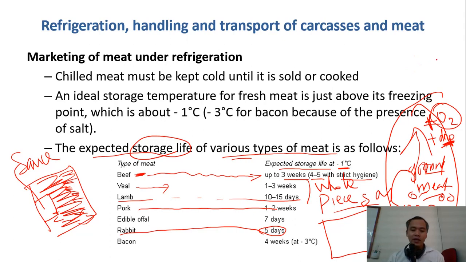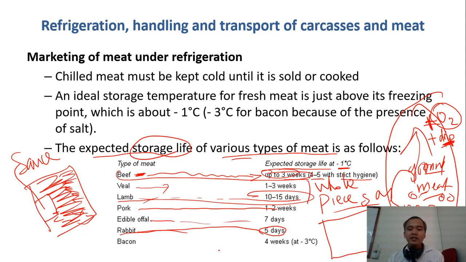shelf life. Okay. Here you see beef has long, pork less, and lamb long because lean meat is long-lasting. But the rabbit is shorter, and the edible offal is shorter. The chicken has a shorter shelf life because smaller pieces of meat mean a higher surface for contamination and exposure to oxygen, and so on. But why does bacon have a longer shelf life?